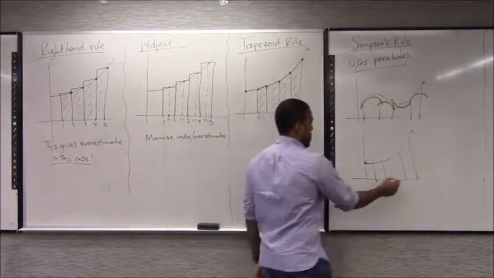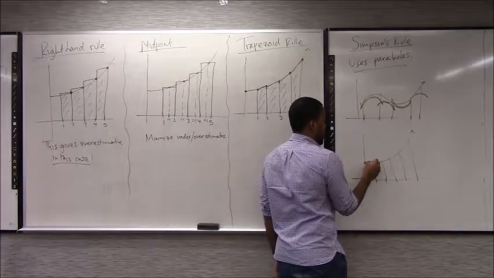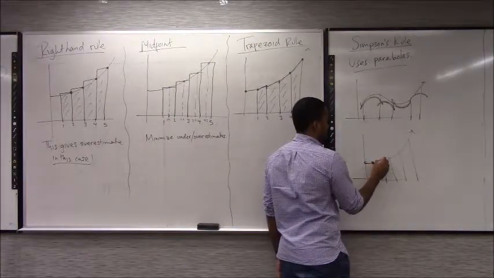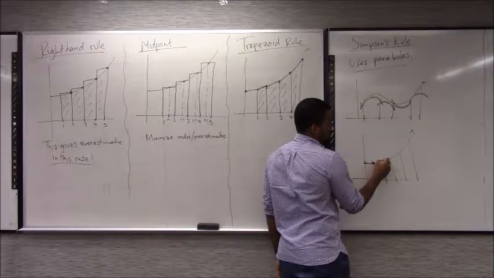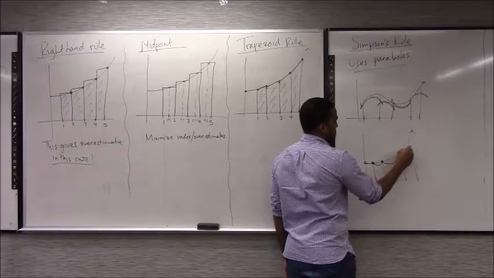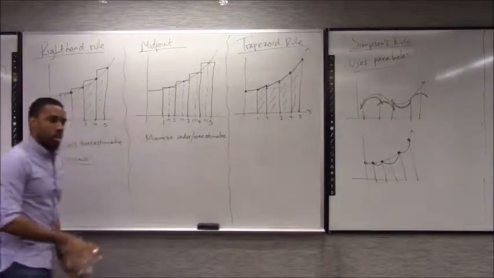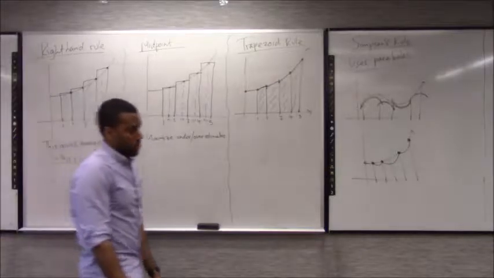Simpson's rule here would look something like this. You'll approximate this one with a mini parabola here. You'd use a bigger parabola that will span 2 rectangles, and then the end one will span another rectangle. So it's trying to take the curvature of the function into account.